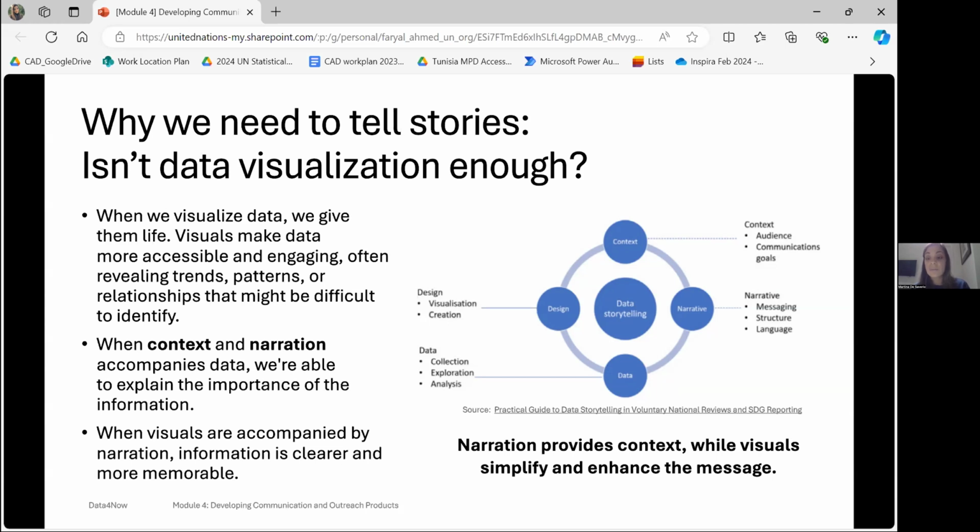But you have to complete this journey also with the design process, so the visualization and the creation of the visuals, and with the narrative and context part that I just explained. So to summarize, narration can provide the context, but visuals can simplify and enhance the message. So it's important that the two elements live together.